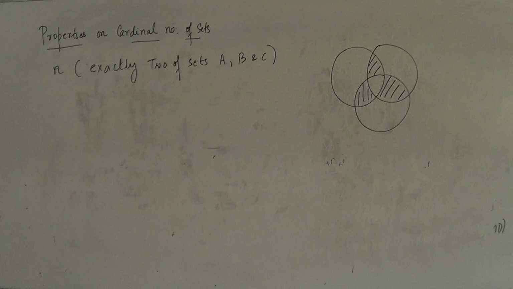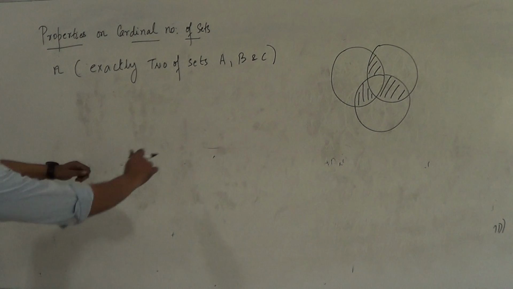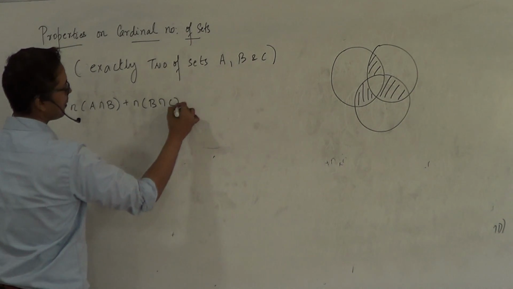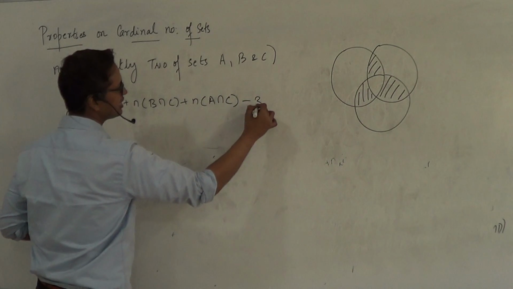Absolutely correct. So Ashutosh says n of A intersection B, n of B intersection C, n of C intersection A, or A intersection C, minus 3 times the intersection of all.